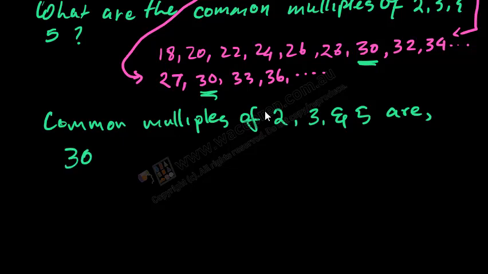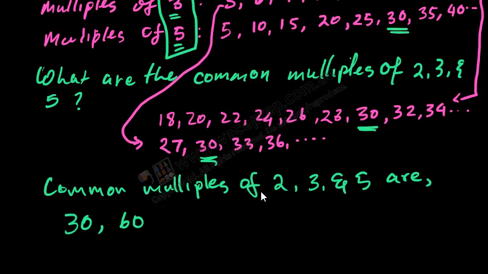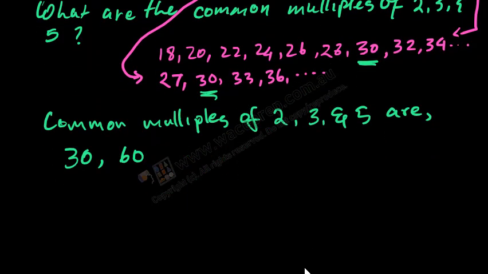But here's my other question. If 30 is a common multiple, would 60 also be a common number between 2, 3 and 5? And the answer is yes. 30 times 2 is 60, or 3 times 20 is 60, or 5 times 12 is 60.